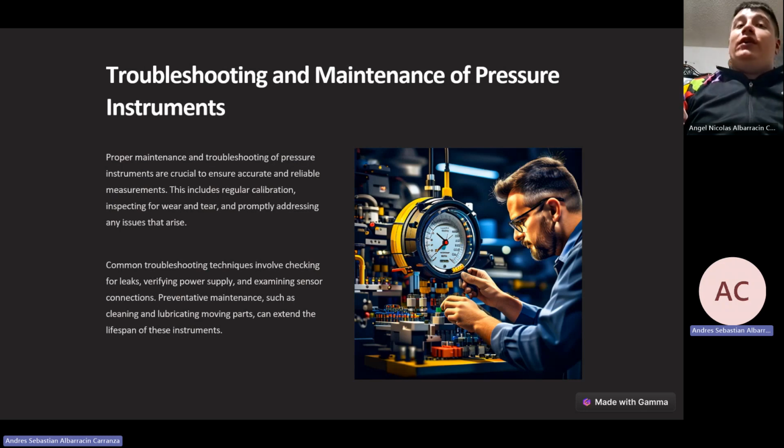They include regular calibration, inspecting for wear and tear, and properly addressing any issues that arise. Common troubleshooting techniques include checking for leaks, the power supply, and verifying sensor connections. This is more specific to a company or industry related to this topic, for the troubleshooting and maintenance of these pressure instruments. There is nothing that we can do on our end. It has to be a professional doing that.